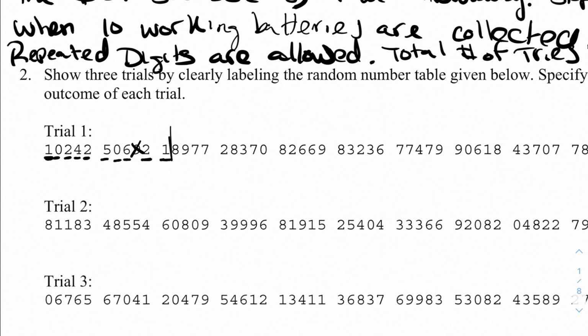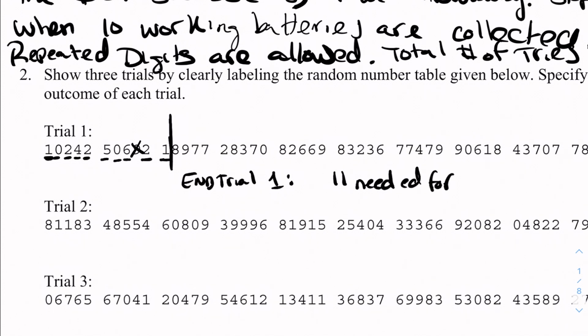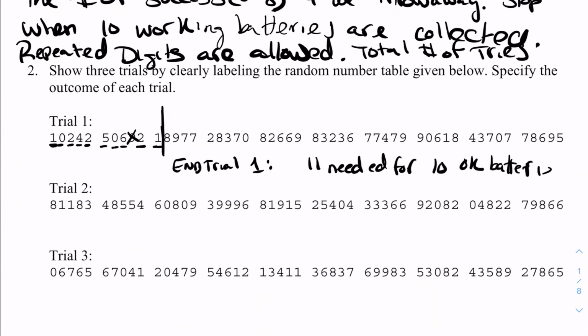Once we stop here, we're going to end right there. End trial 1: 11 needed for 10 okay batteries. This is just a notation so I have it when I come to my conclusions at the end of how many times it took.